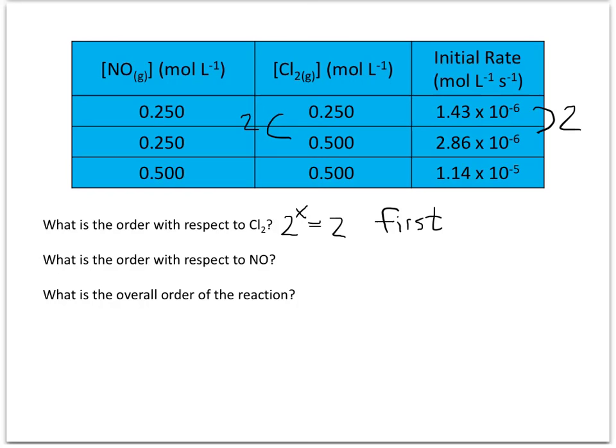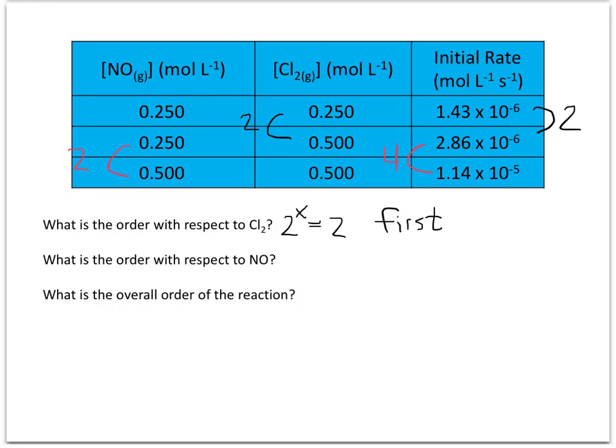So then what is it with respect to nitrous oxide? If we take a look at experiments 2 to 3, the NO doubled and the Cl2 stayed the same. So if we divide 1.14 times 10 to the negative 5th by 2.86 times 10 to the negative 6th, we get roughly 4. So it quadrupled.